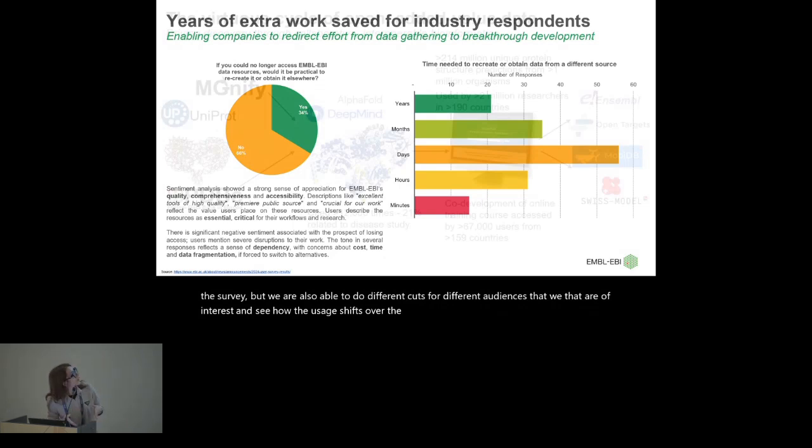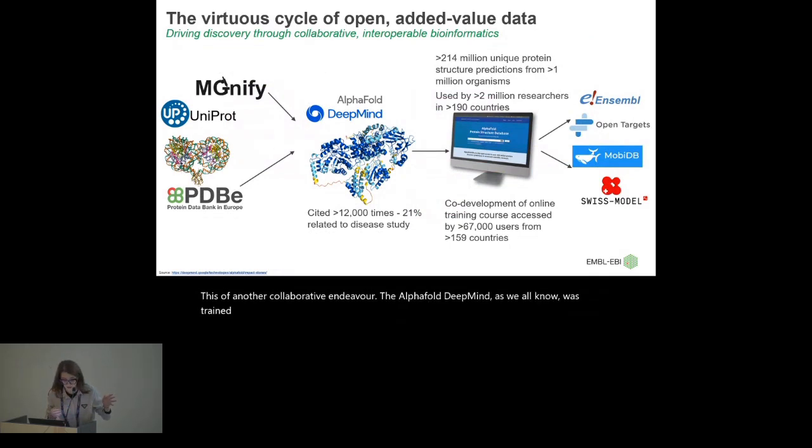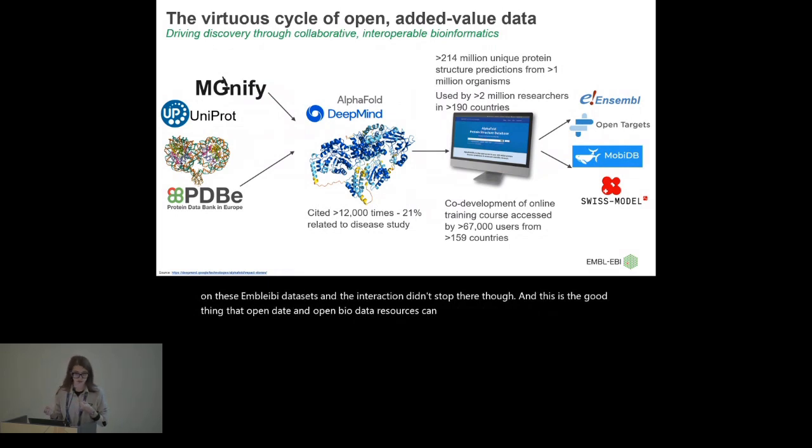And I just wanted to add here an example of another collaborative endeavor. AlphaFold DeepMind, as we all know, was trained on these EMBL-EBI data sets, and the interaction didn't stop there, though. And this is the good thing that open data and open biodata resources can contribute with their expertise in managing large data sets.